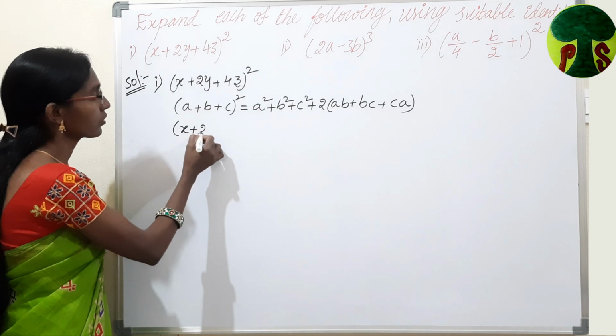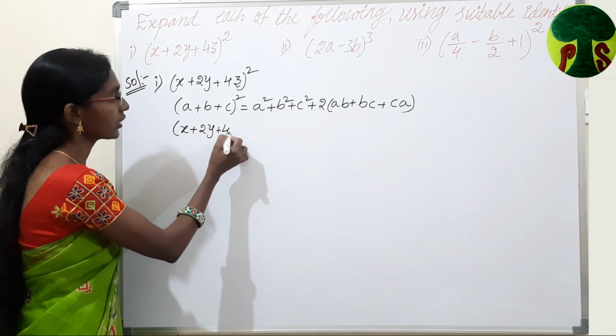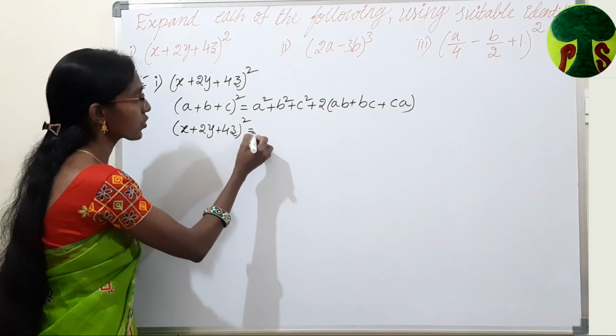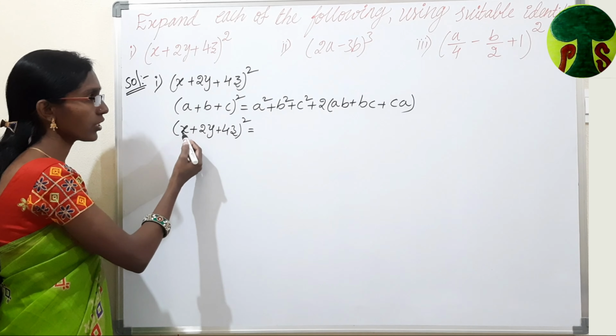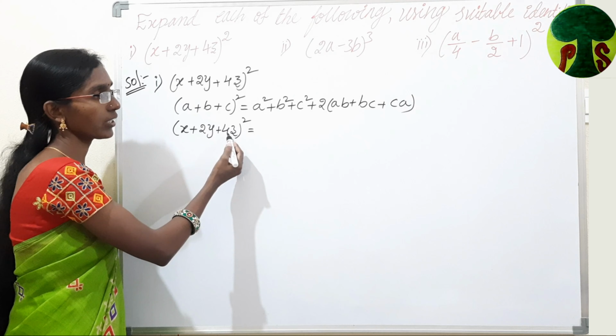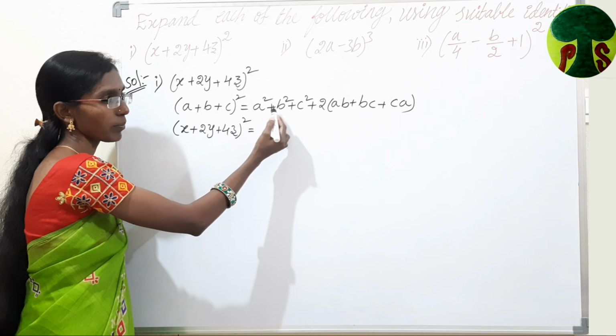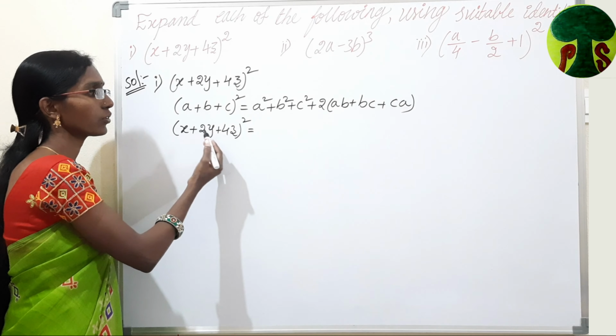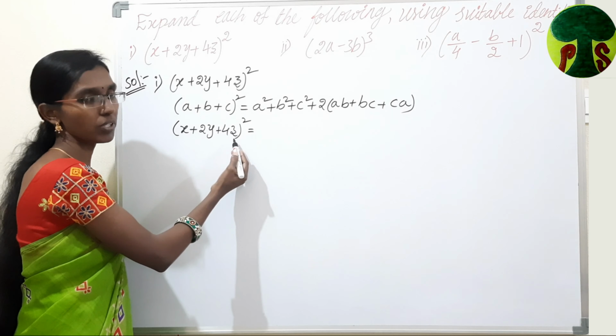(x + 2y + 4z) whole square is equal to, in the place of a, x; in the place of b, 2y; and in the place of c, 4z. So we have to replace a, b, c by x, 2y and 4z in the formula.